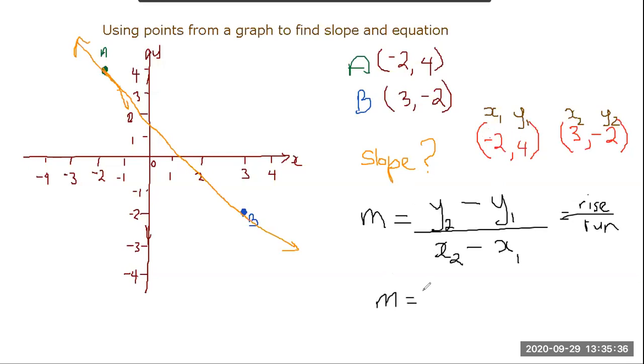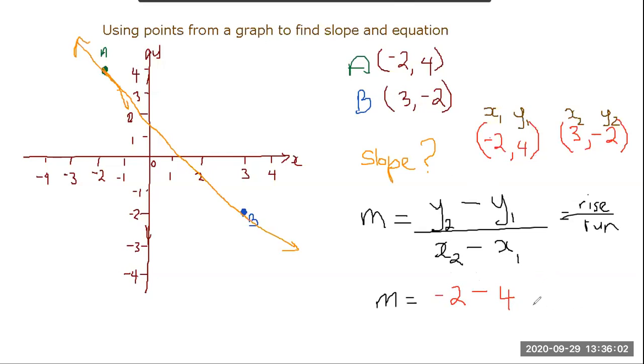All right. So I'm going to go get my M. And all I'm going to do is substitute my points in. So I'm going to go find what Y2 is. And up here, Y2 is -2. -2 minus, because the minus sign is there, whatever Y1 is, 4.